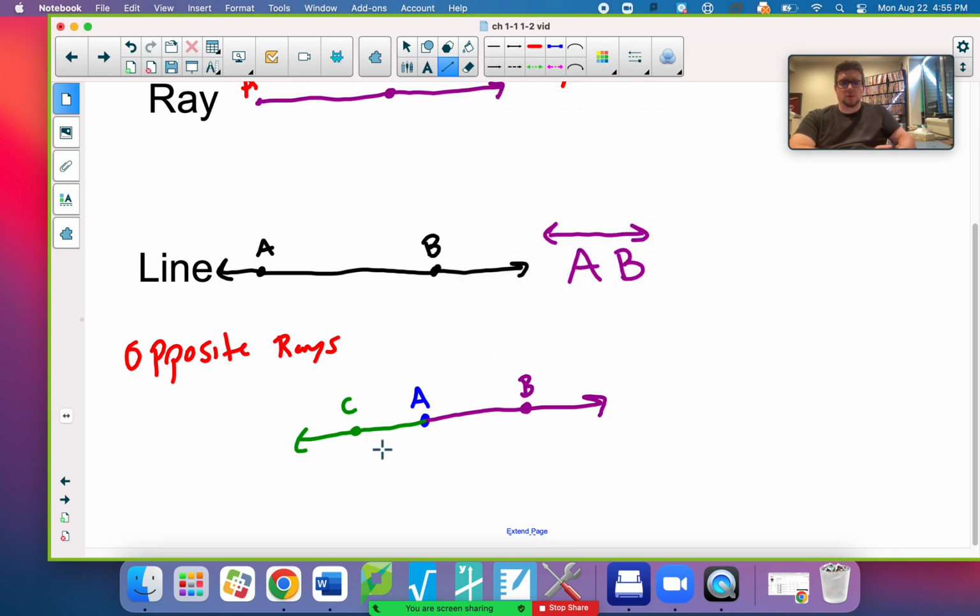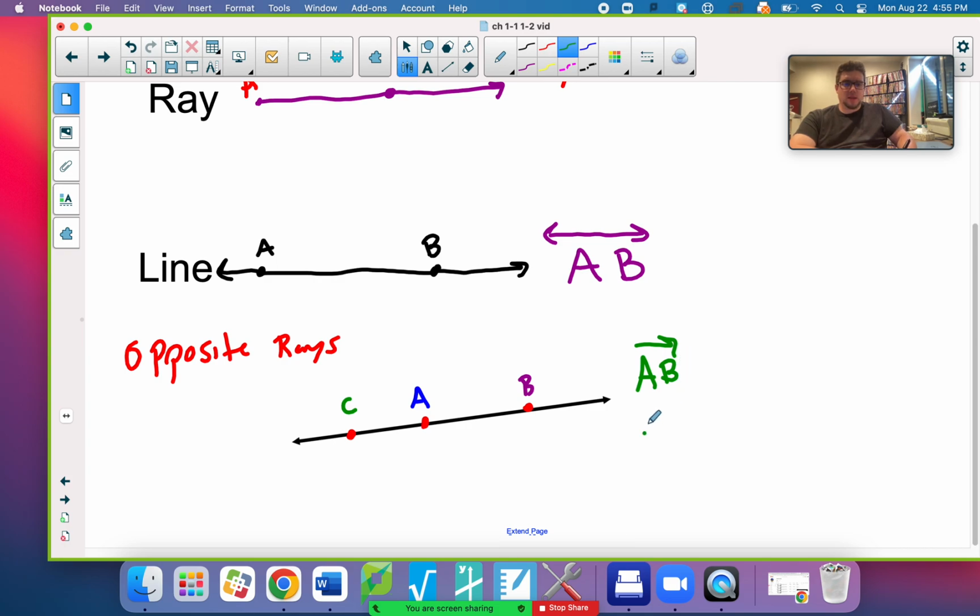For instance, I'll just do it real quick. Well, that was not bad, except for the purple side. So if I had the ray like this, A, there's C, there's B, ray AB and ray AC are considered opposite rays.